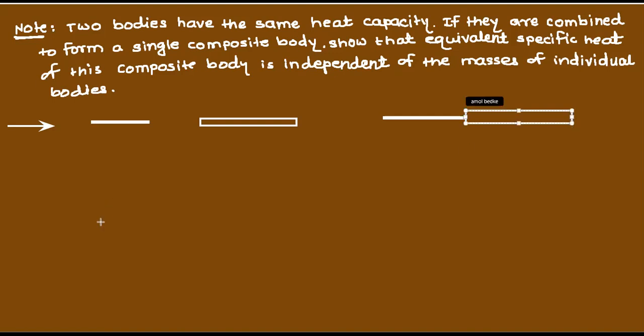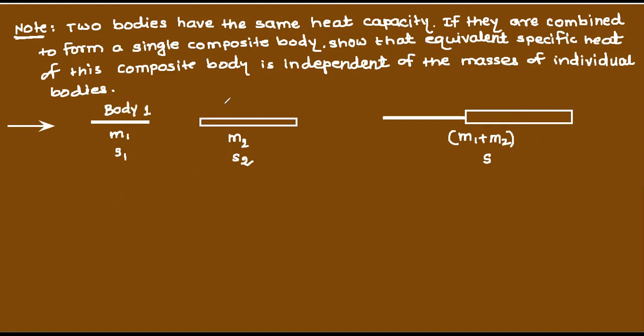Let us suppose this body has mass m1, specific heat s1. This body has mass m2, specific heat s2. And this total has mass m1 plus m2, and let it have specific heat s.